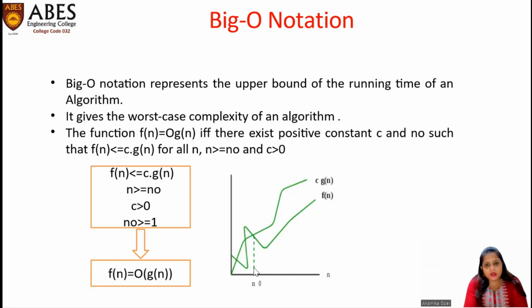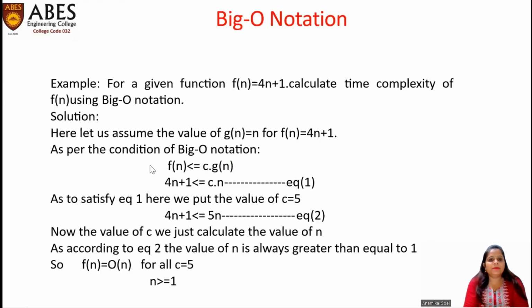Here, what is n naught? n naught is basically the intersection point between f of n and g of n. Here you can see after n naught, the value of f of n is always less than or equal to g of n. So we can say that g of n is an upper bound of f of n. To understand it, let us see an example.